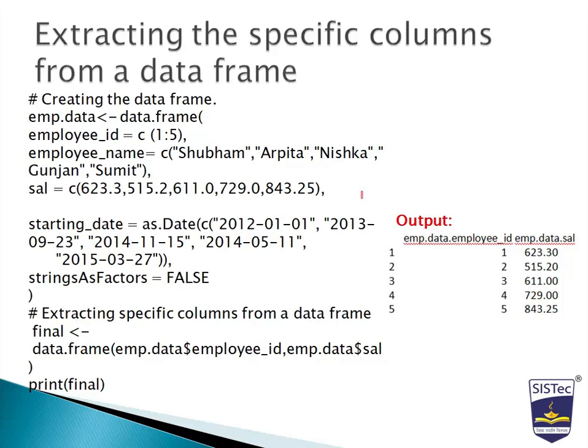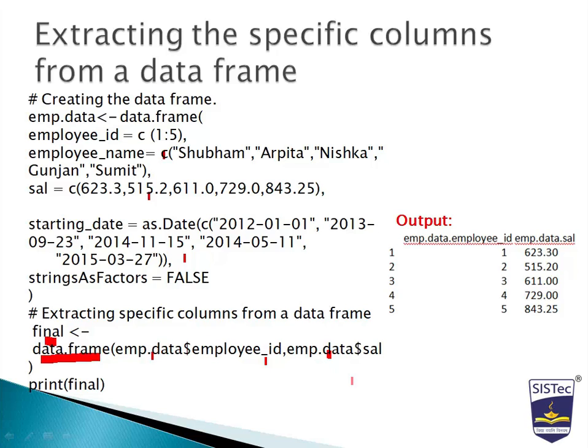Here we create a data frame with employee ID, then the 5 names, 5 salaries and date, from previous programs that we already discussed. And now we are going to extract specific columns from a data frame. So here we create a variable final that provides employee data with respect to employee ID and employee salary.